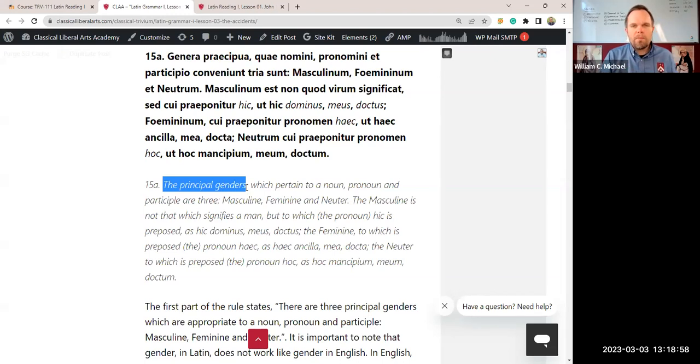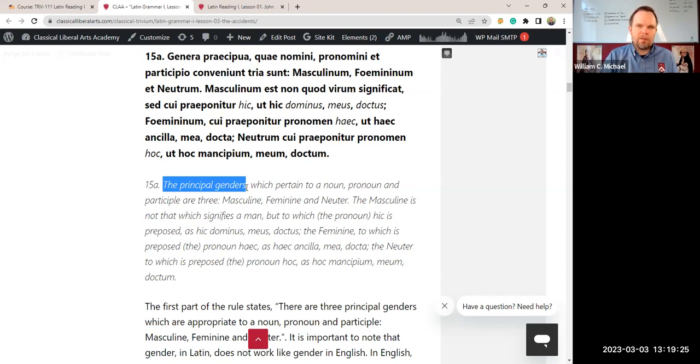Now, like I said, normally, the masculine gender refers to a male animal. So a man would be masculine, a boy would be masculine, a bull would be masculine, a male dog would be masculine, and then feminine refers to female animals. So a woman would be feminine, a girl would be feminine, a wife would be feminine, a sister would be feminine.